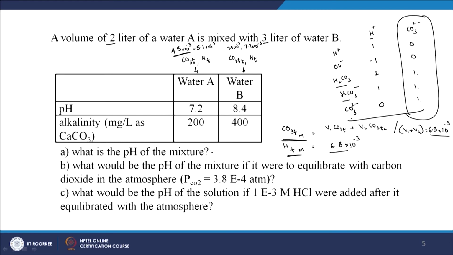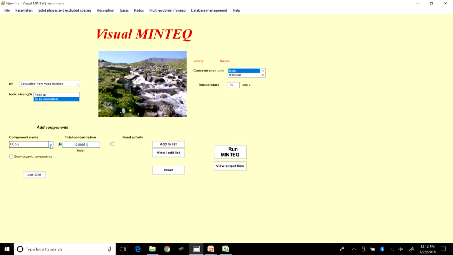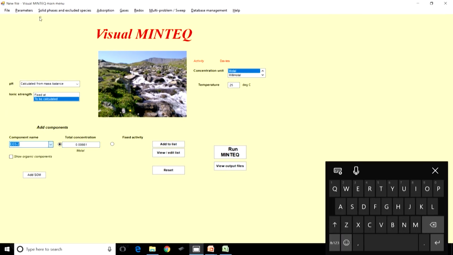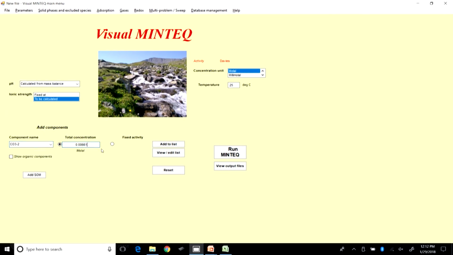So, now we have two values, H total and CO3 total of the mixture. Now, I can easily calculate the pH of the solution. We are going to plug in the two components. They are CO3 2 minus, and I am going to use the accurate values, not the approximate values that I used earlier. From my calculations we will end up with 6.61 into 10 power minus 3.